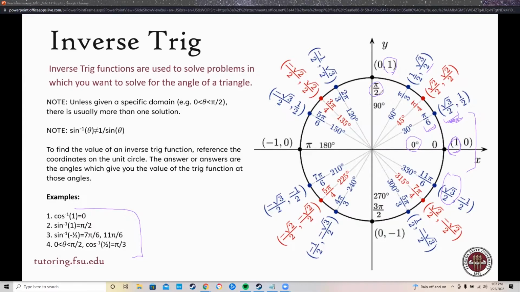If it's asking for the inverse sine of negative a half, I look for all y values that have negative 1/2, which there are two, as there should be. There would be 11 pi over 6 and 7 pi over 6.